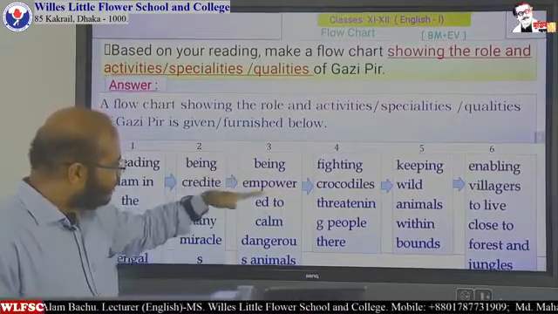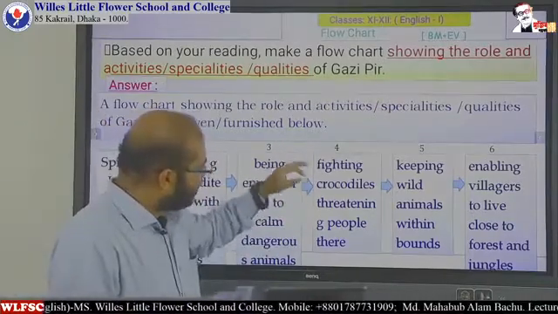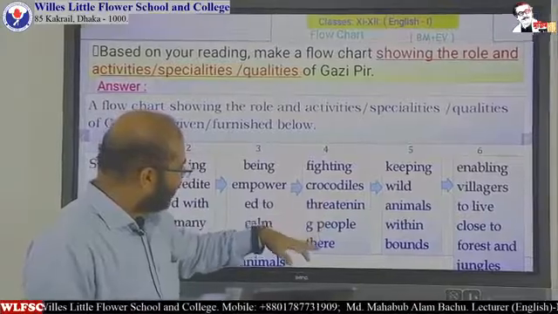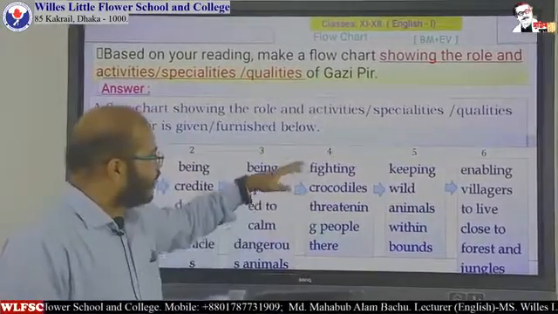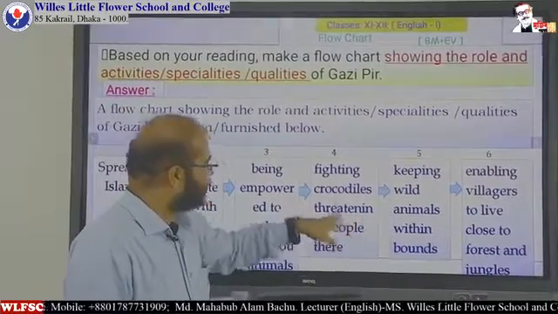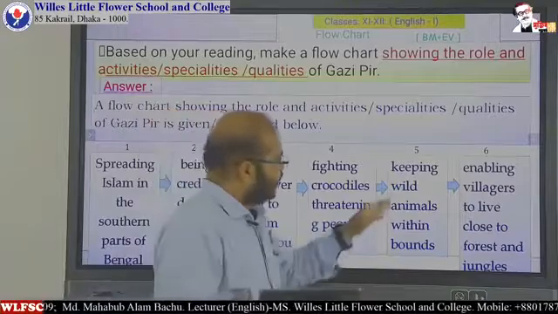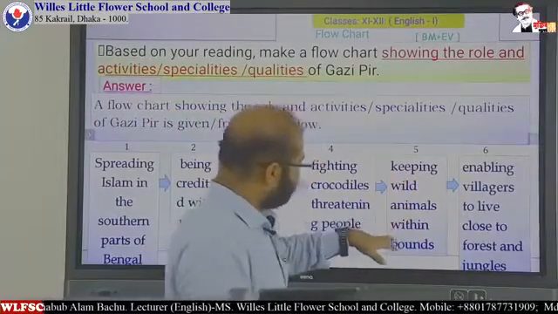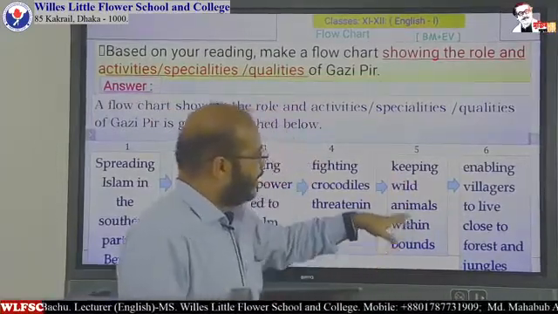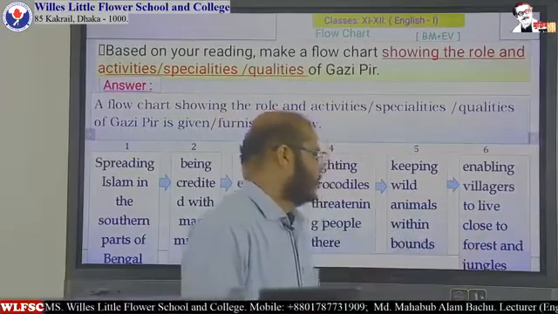So being empowered to calm dangerous animals. Okay, fighting crocodiles, threatening people there. You see threat plus ing form and fight plus ing form. And then the fifth one, keeping wild animals within bounds, enabling villagers to live close to forests and jungles.